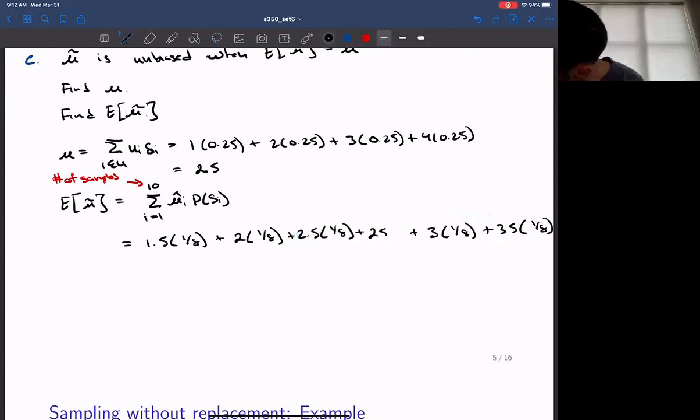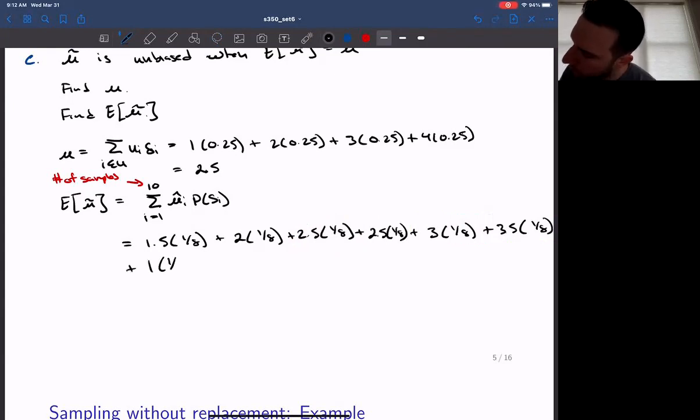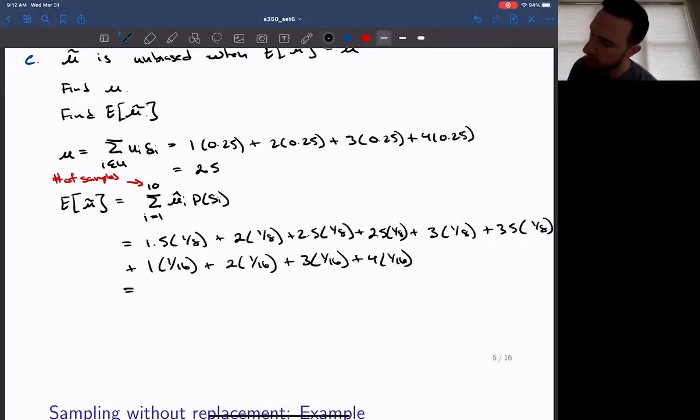Plus 2.5, 1 over 8. There you go. Plus 1 times 1 over 16 plus 2 times 1 over 16 plus 3 times 1 over 16 plus 4 times 1 over 16, which is equal to 2.5. Therefore, mu tilde is unbiased.